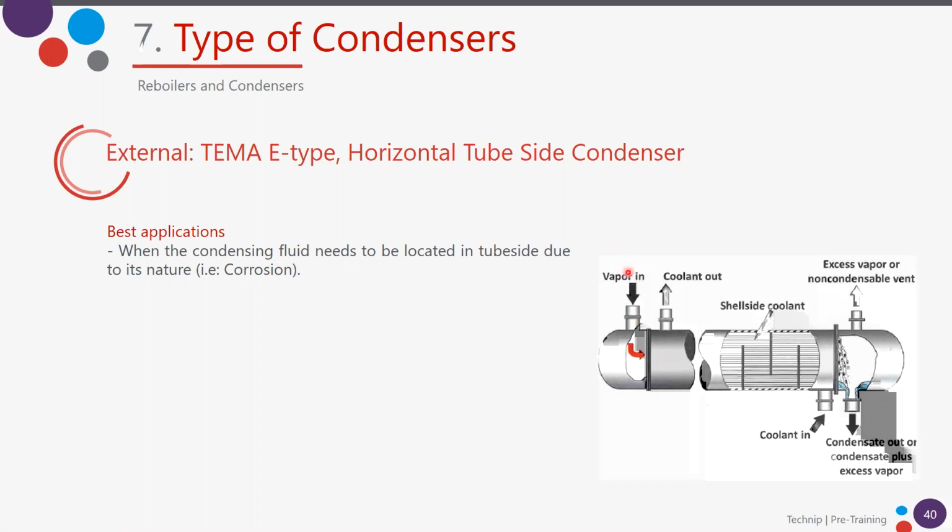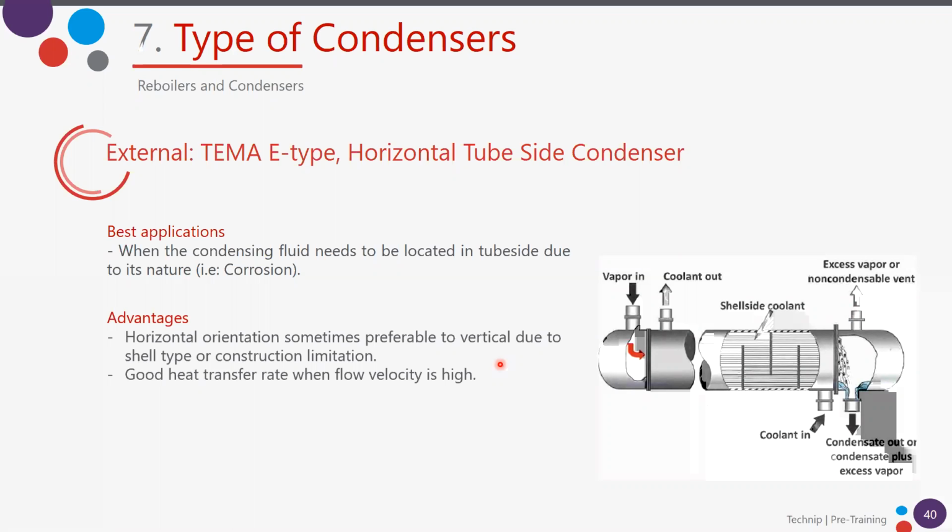So we place the vapor in the tube part, and it condenses inside the tubes. In this case, the coolant would be placed on the shell side. The condensate leaves at the bottom of the condenser, and we also place a nozzle to evacuate the non-condensables.